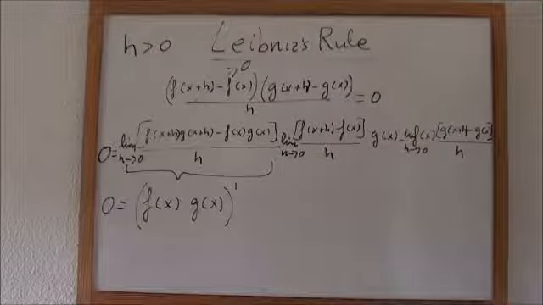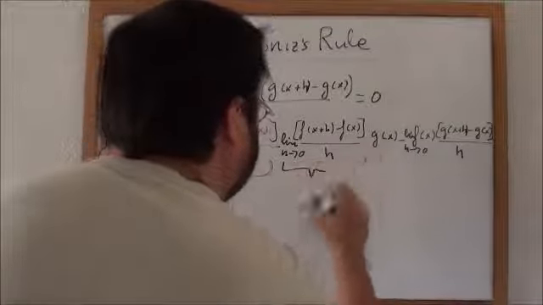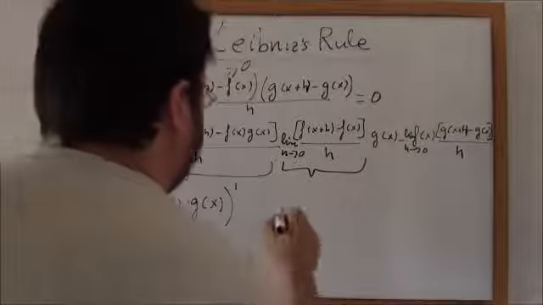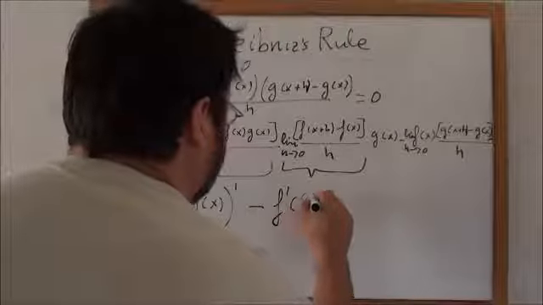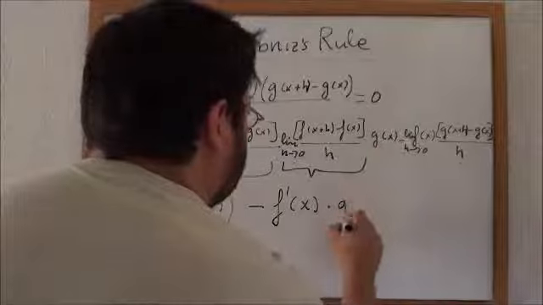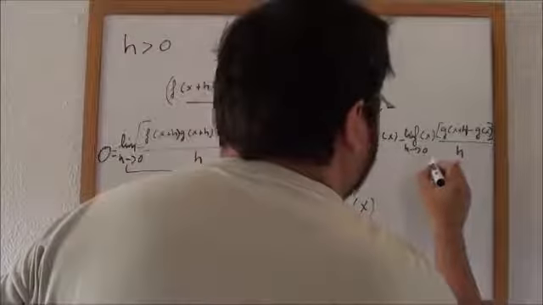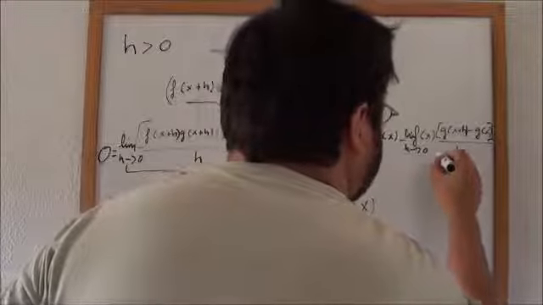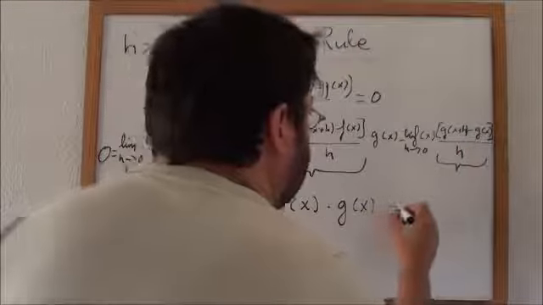Now this is the derivative of f times g of x, and this is the derivative of g times f.